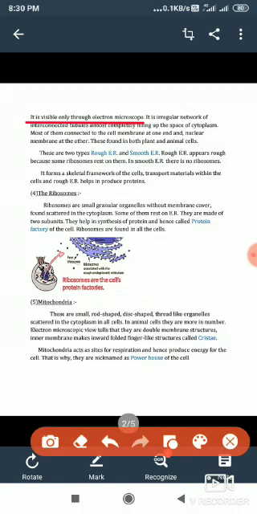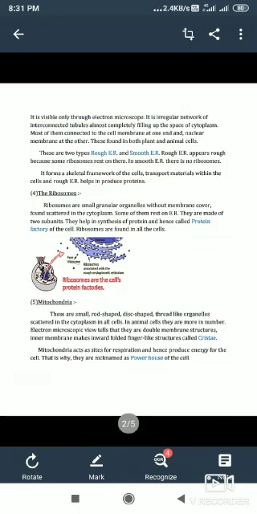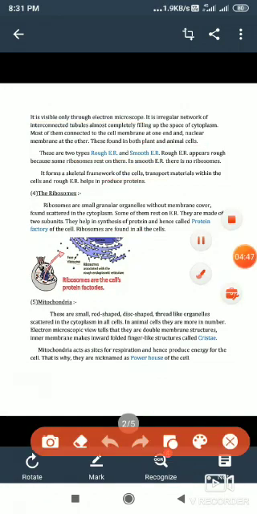This endoplasmic reticulum is found in both plant and animal cells, remember, and it can appear rough or smooth.